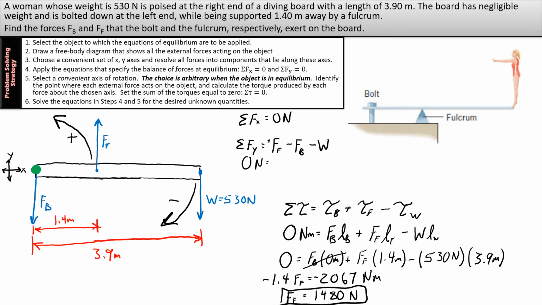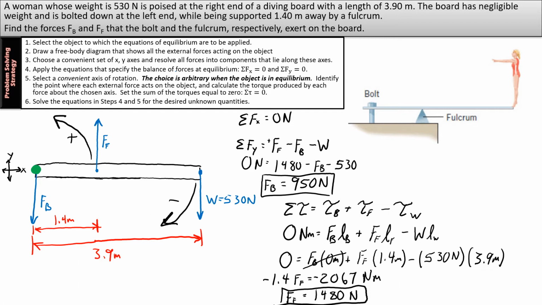We know the fulcrum force now is 1,480 minus FB minus 530 newtons. All right, and now look at that. One equation, one unknown. We know the force that the bolt is exerting is equal to 950 newtons.